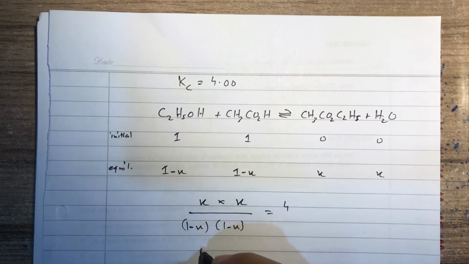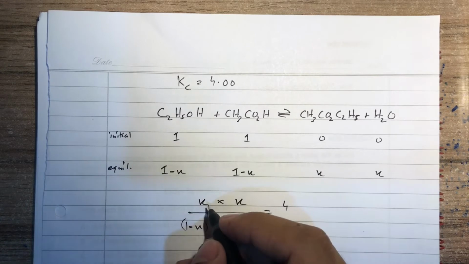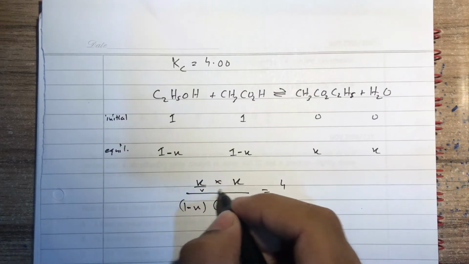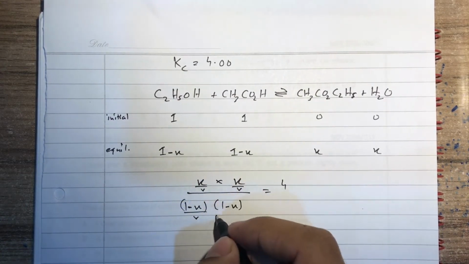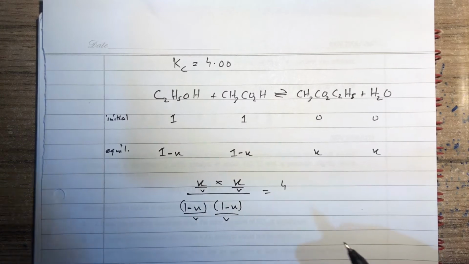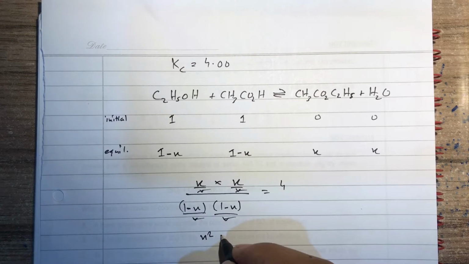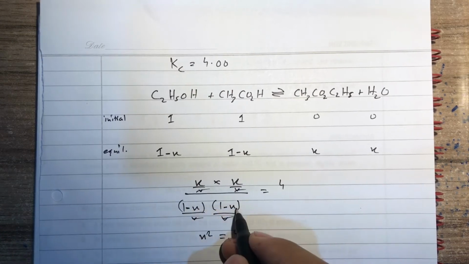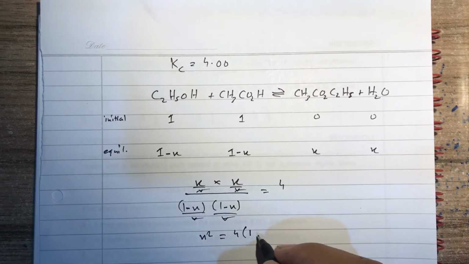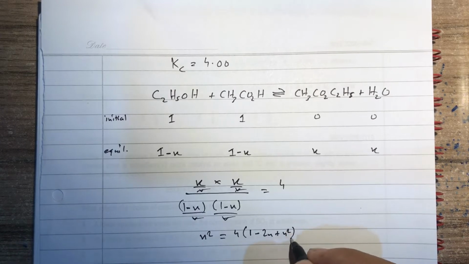So in the numerator, or if you want to show all the working, you could divide all of them by v to find the concentration, and the v's will get cancelled out. So in the numerator we have x squared equals 4 times (1 minus x) whole squared, which will be 1 minus 2x plus x squared.